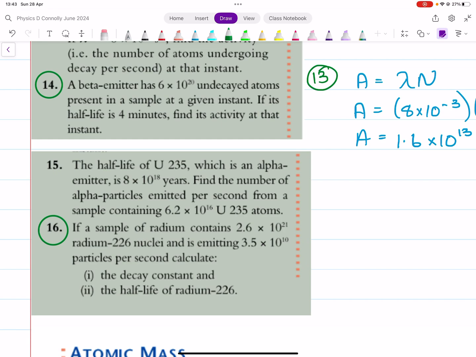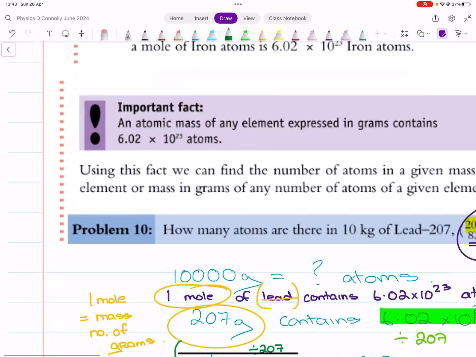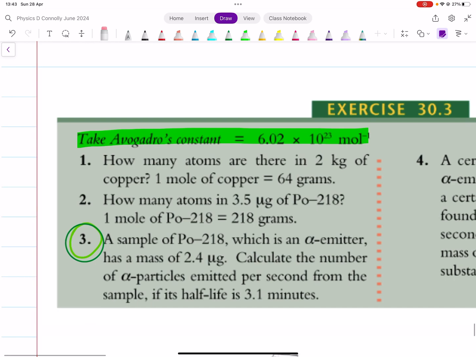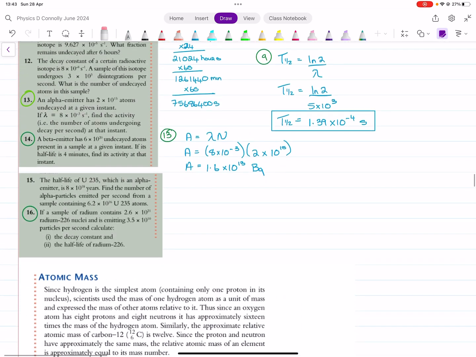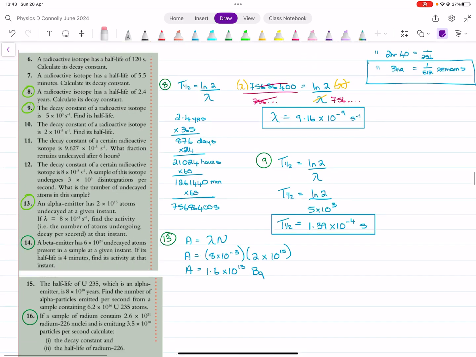So higher level, have a look at 14 and 16, and then have a go at question 3 down here. Ordinary level have their question to do.